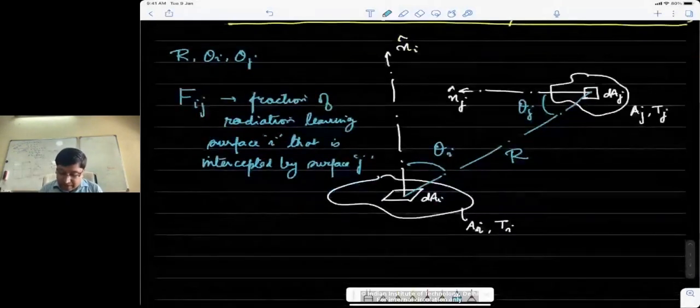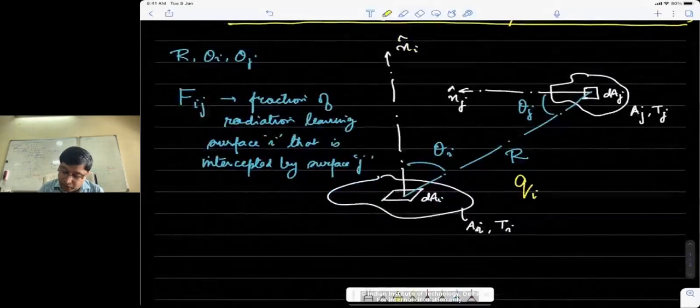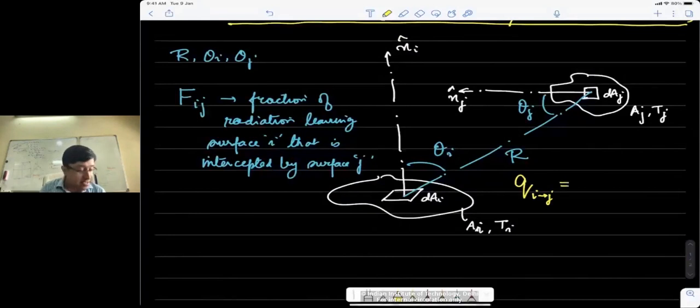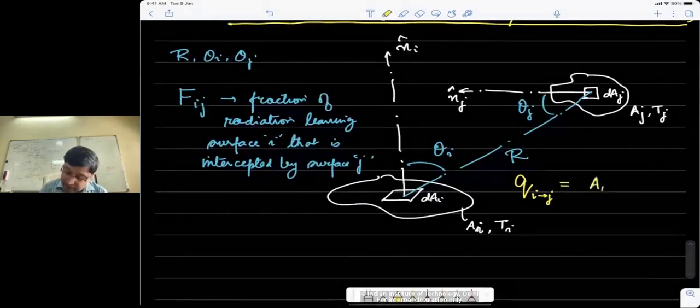So the idea of doing this is to be able to write, if Q is the amount of radiant energy going from, let's say, i to j, then I want to write Qi→j as Ai times the radiosity Ji of the radiation leaving surface i, times Fij.